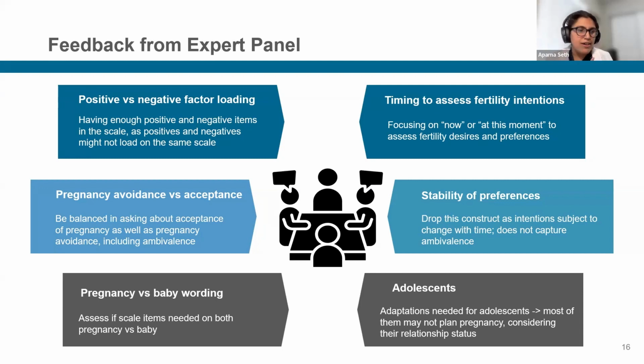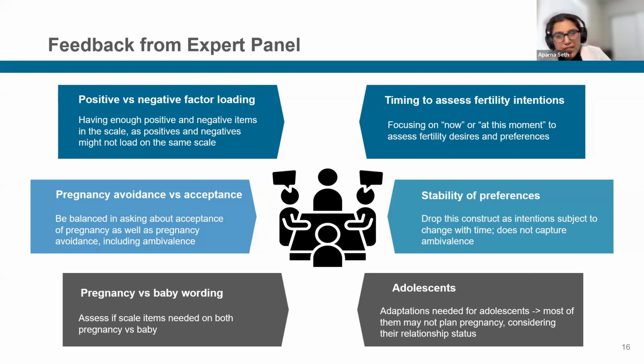For instance, if I become pregnant now, it would be bad for my life, which would be considered a negatively worded scale item, compared to if I have a pregnancy now, it would be a positive addition to my life, which would be a positively worded scale item. So they recommended we have enough of those mixed wordings because there is a chance that the positives and the negatives might not load on the same scale when we do our factor analysis.